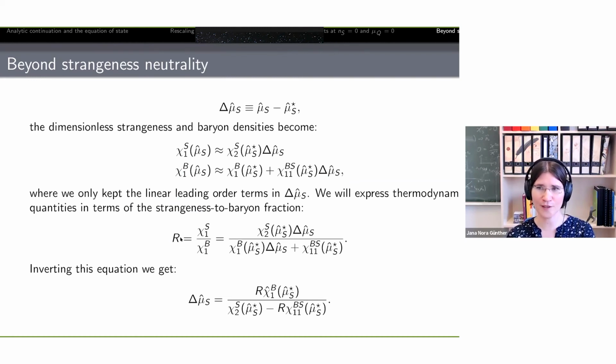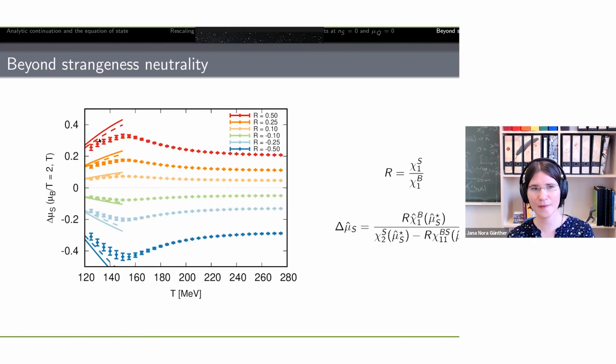To avoid confusion, sometimes the R has been used for the ratio between charge and baryon number, but here it's strange and baryon number. If we invert this relation, we actually can write this delta mu s as a function of R. And then we can calculate that by plugging in our results for the different quantities.